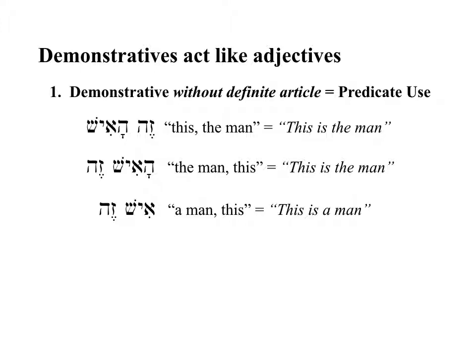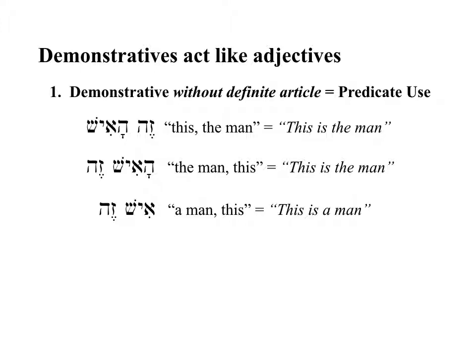In these three examples that you see here, the first one is very definitely a predicate use of the demonstrative pronoun because, like other predicate adjectives, it shows up before the noun that it modifies. Ze ha'ish, this, the man. This is the man. Its position alerts you to that, but you can also tell because it doesn't have a definite article.